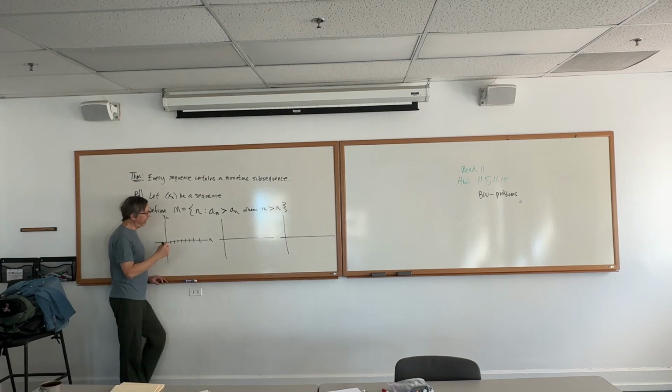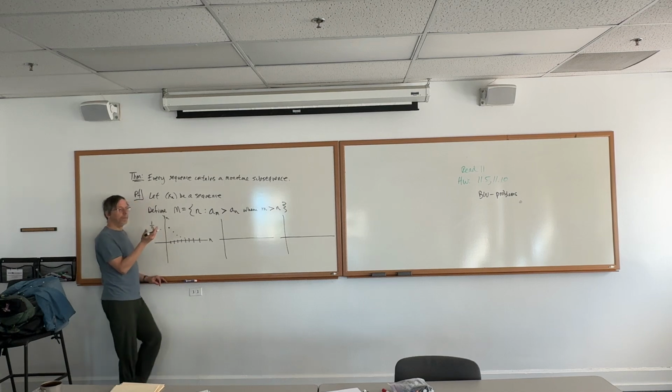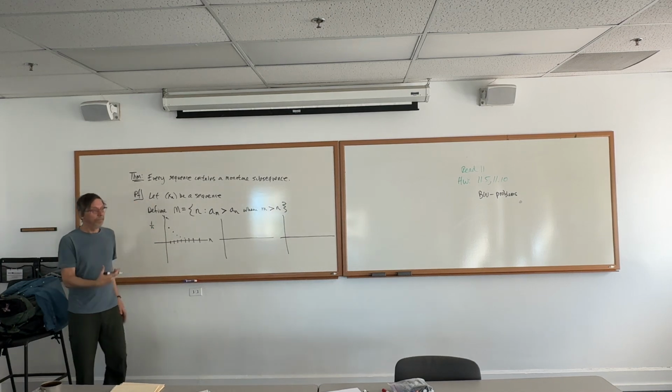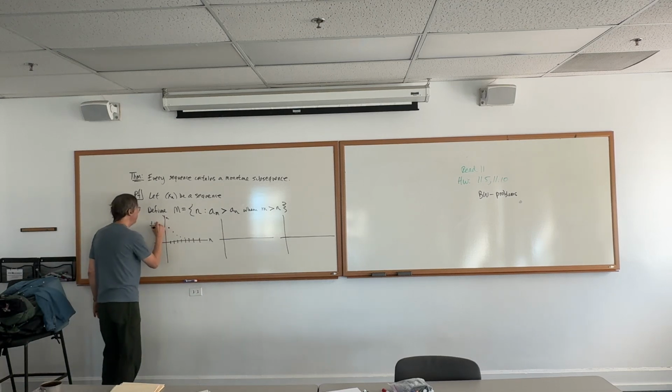So first off, let's go kind of straight. And I'm going to pick this sequence where as I move to the right, I constantly go down. So think like a 1 over n-ish kind of sequence.